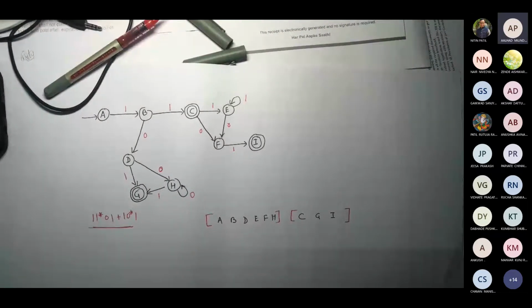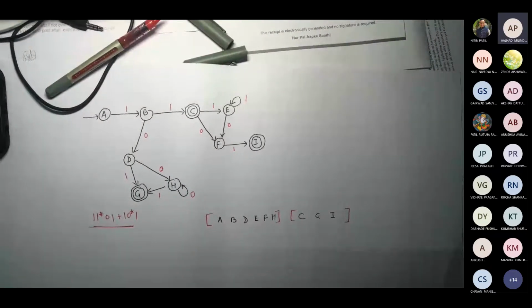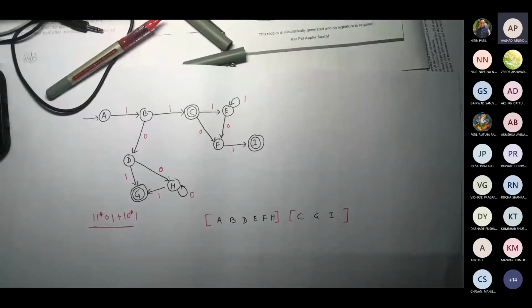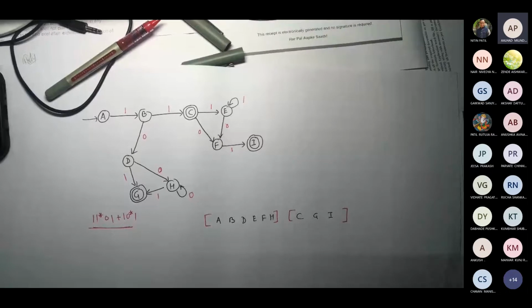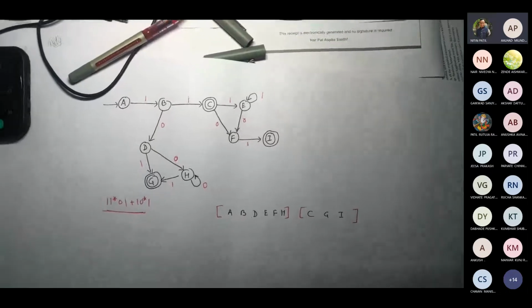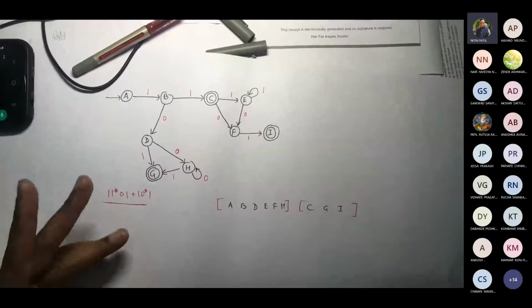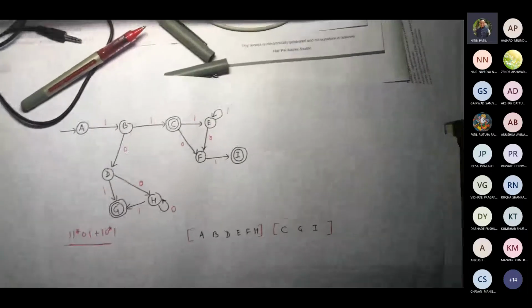So for input 1, D and H both transition to G, and for 0, D transitions to H and H transitions to H. So they are the same states, correct? Yes. Either in the same group or outside, but all others are different.